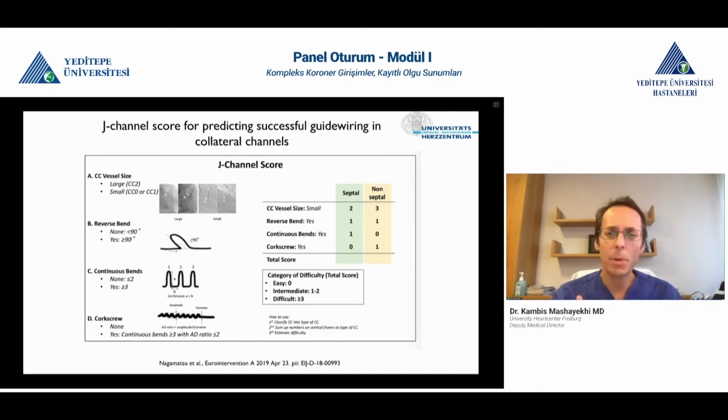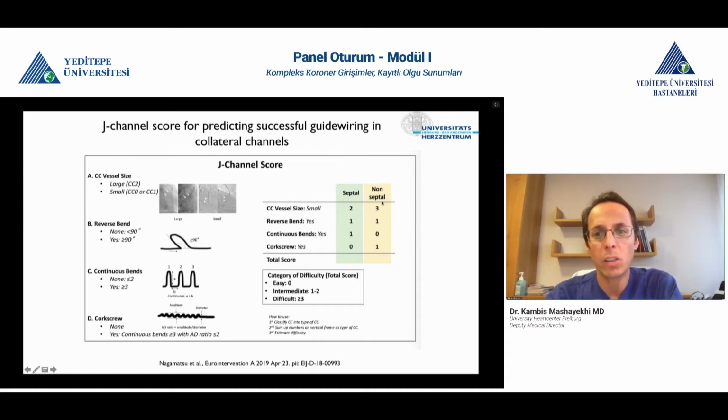It is a little bit more complex score, but it's near to the score we know from the J-CTO score, and therefore called the J-channel score. With this scoring system, 0 is easy, like in the J-CTO score, intermediate is 1 and 2, and difficult is 3. The determinants are large or small vessel size, reverse bend, a continuous bend, and Cruikshank type. So when the septal connection is very small, you get 2 points.